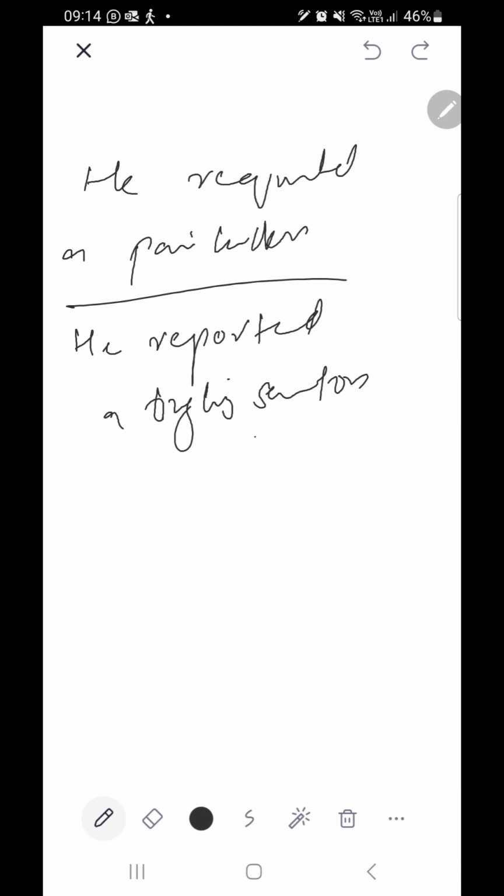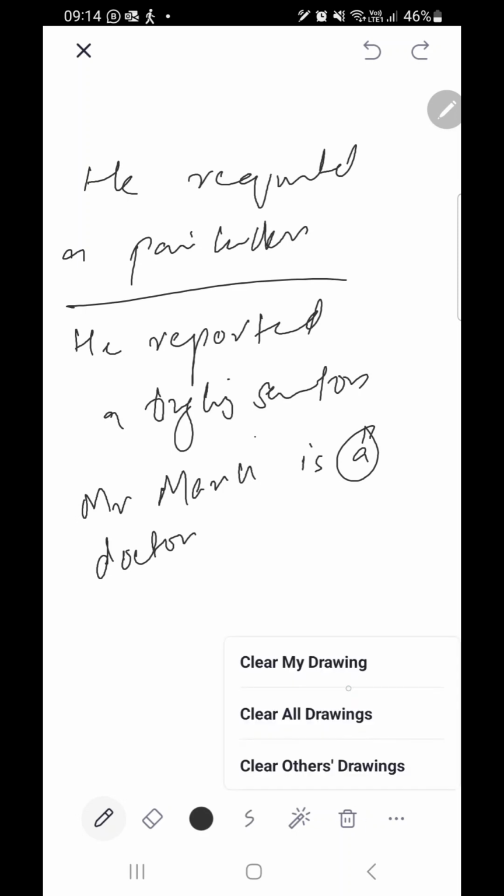Or "Mr. Mark is a doctor." Let's say we can use "a" with that. A teacher. "A blood test was ordered." Right? We can use "a" with that. With an uncountable noun that we cannot count, we cannot use any article.